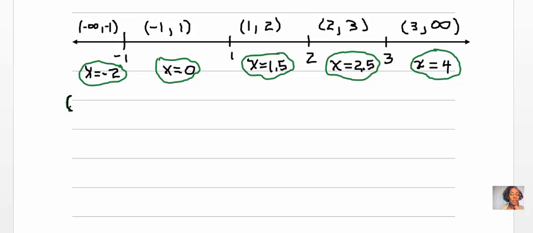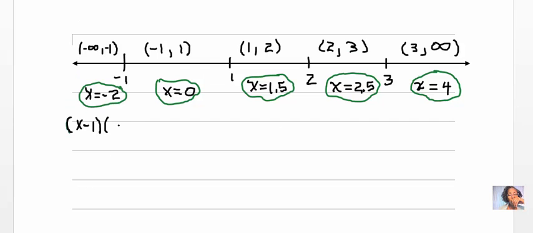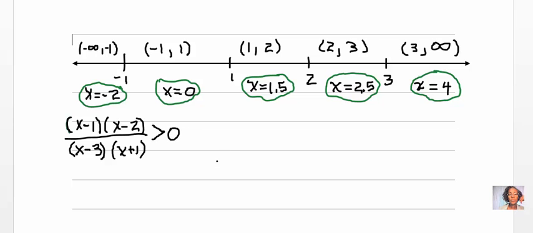We're going to test x minus 1 times x minus 2 over x minus 3 times x plus 1. And that needs to be greater than 0. So that's what we're testing.